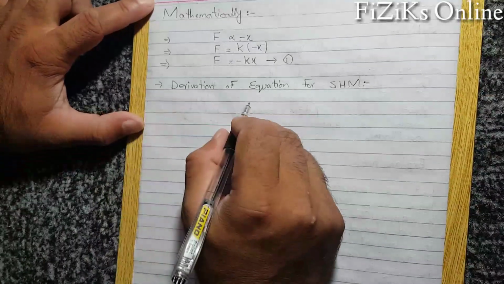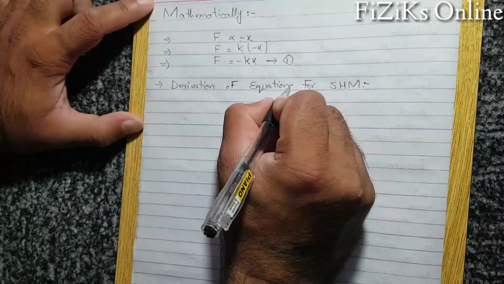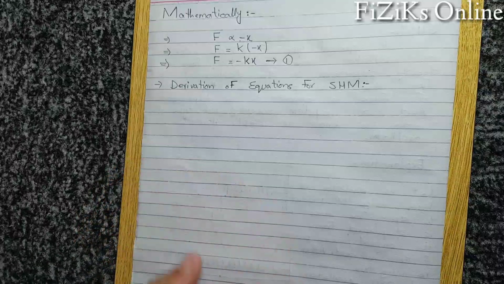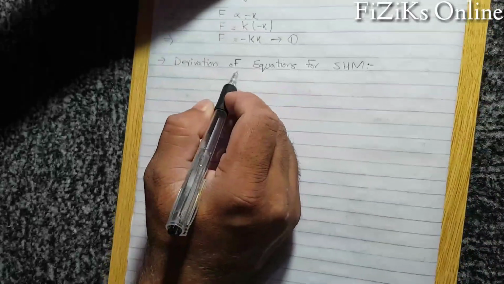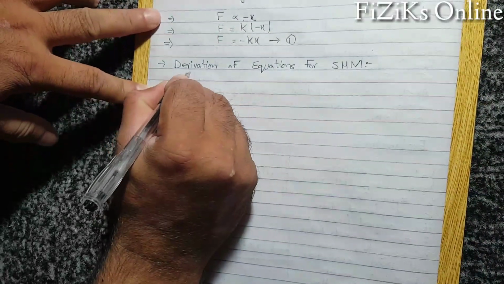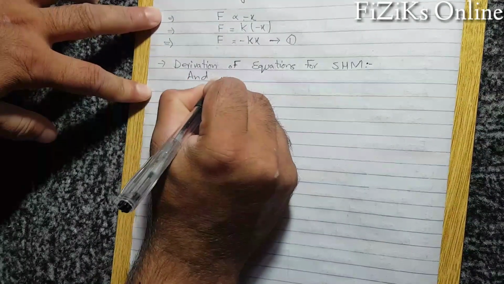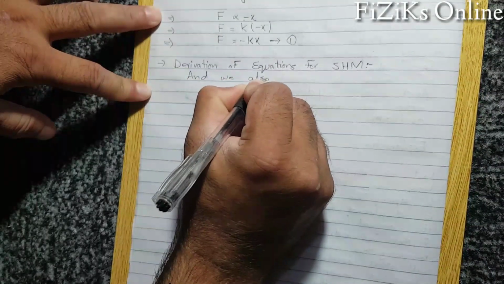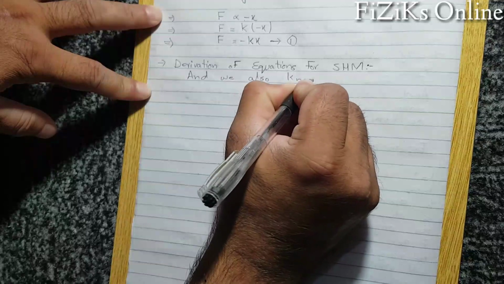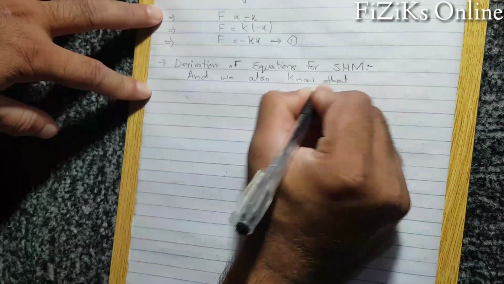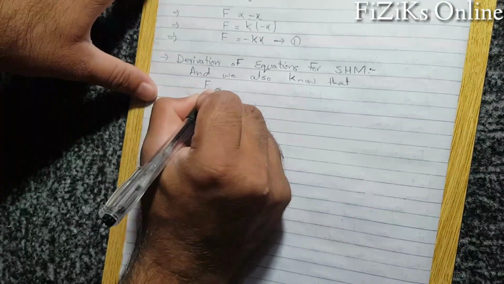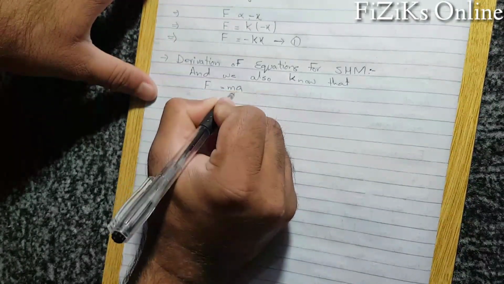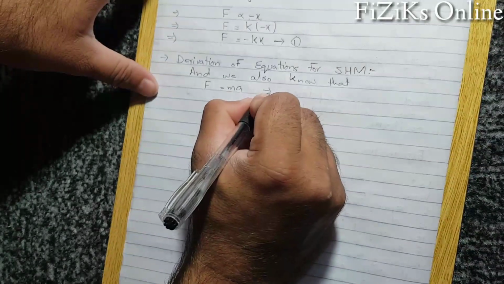Now we will derive equations for SHM. So we have read that for SHM, F equals minus kx, and we also know that F equals ma from Newton's second law.